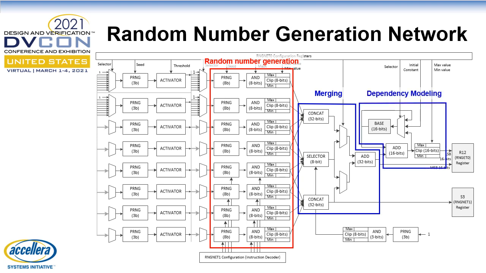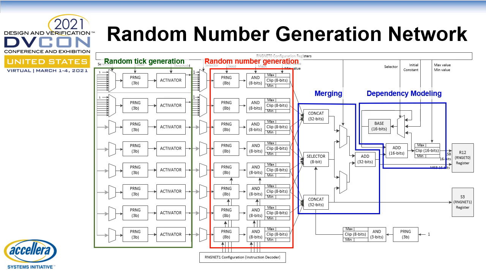And then, either offset or previous values are added to model DC components or dependencies, respectively. The time for updating the center random number generators could be randomly generated by another 3 bits wide programmable random number generator, as the green colored box in the figure. This is very useful to model pseudo-random number sequences of different update frequencies.